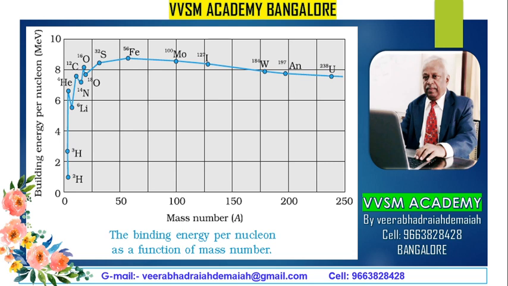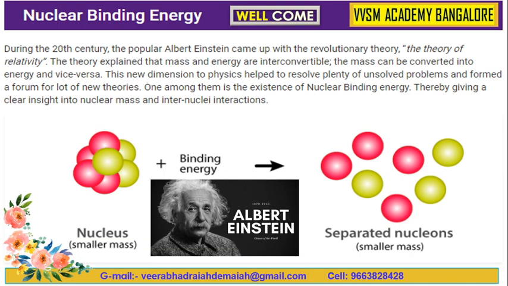The binding energy per nucleon as a function of mass number, and you can come across the graph indicating hydrogen, lithium, nitrogen, oxygen, and iron, molybdenum, and other elements.